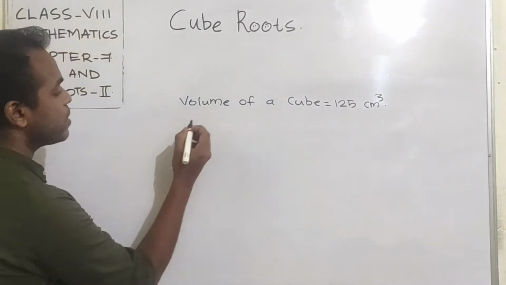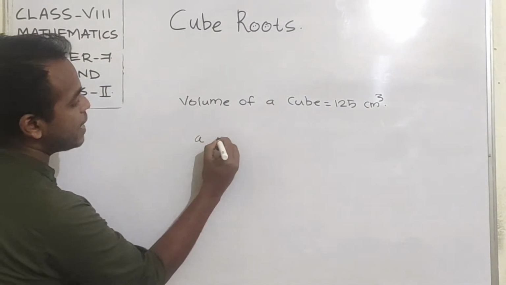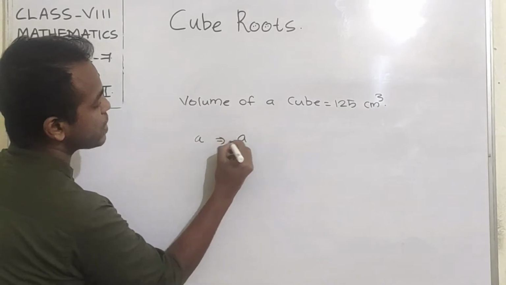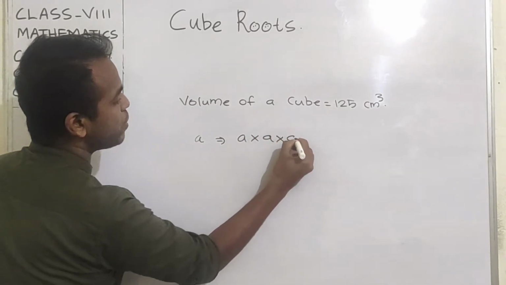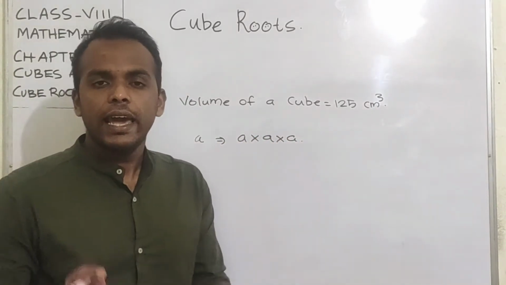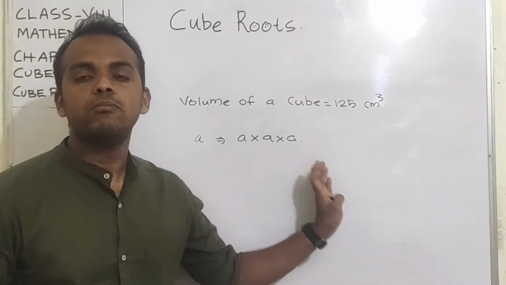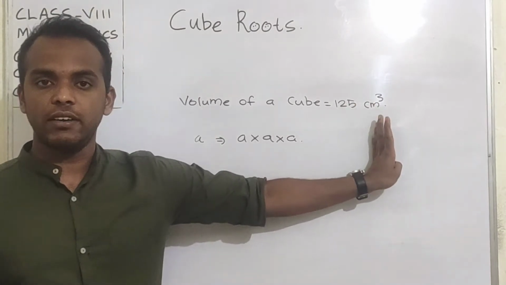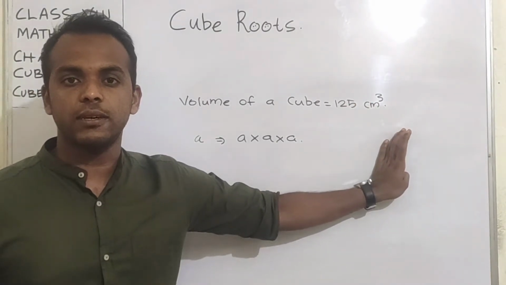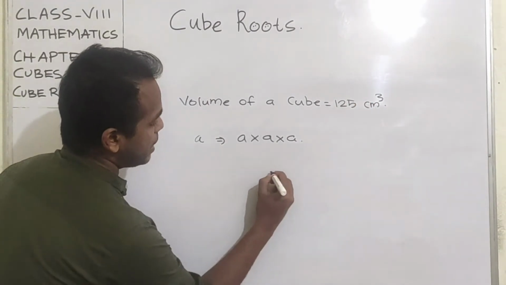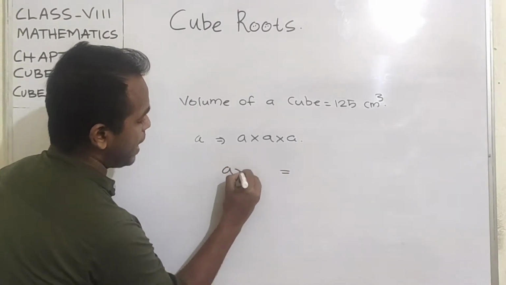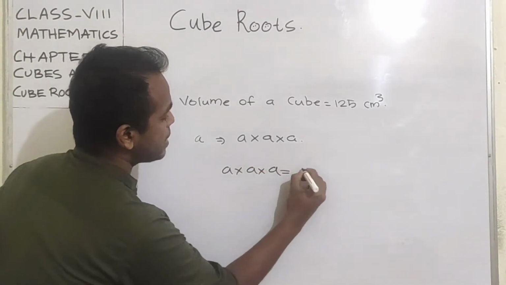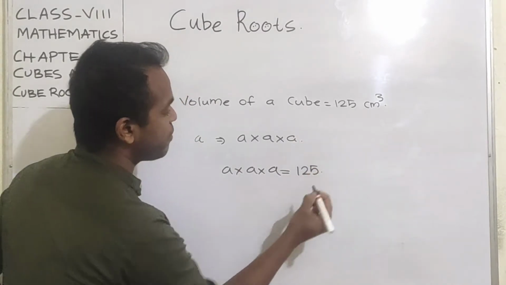That is, if the length of a side is A, then volume is equal to A into A into A. So a particular number, when multiplied thrice, will give 125. Who will be that number?